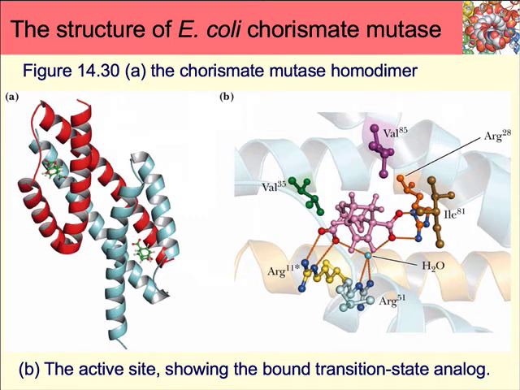You can see that the chorismate mutase enzyme is a dimeric structure, and the active site requires the presence of both subunits to form. On the left structure here, you see one active site here and one active site here, but both of these involve parts of both of the subunits. And this is the transition state analog in the active site.